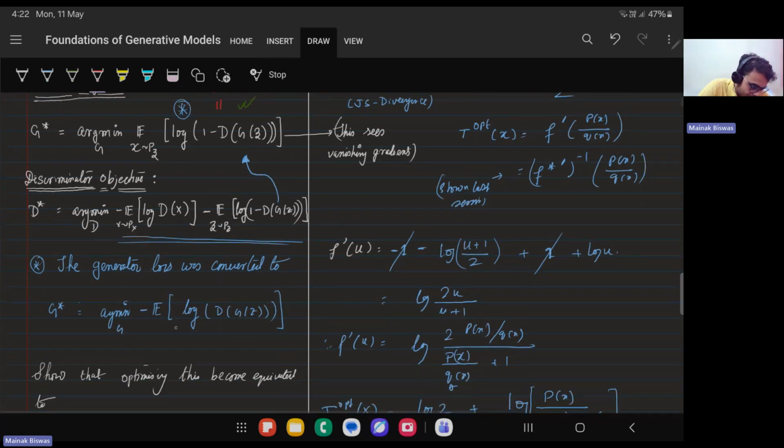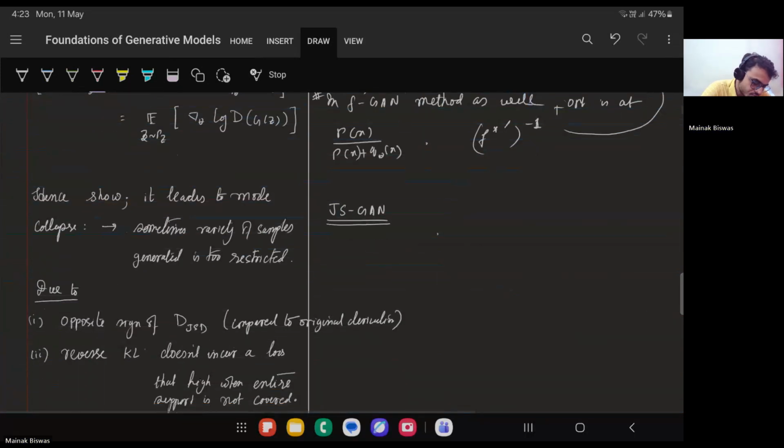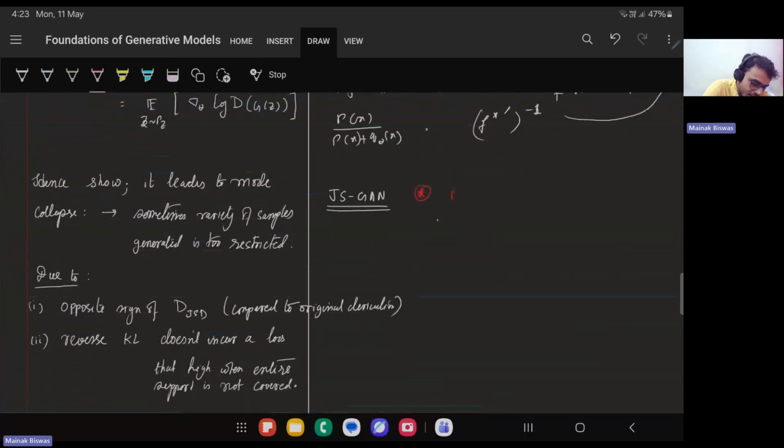But the Goodfellow GAN says that this loss that I have, the star that I'm putting, the expected value of minus log of 1 minus D of G of z, with z sampled from the Pz distribution, suffers from vanishing gradients when the discriminator is strong.